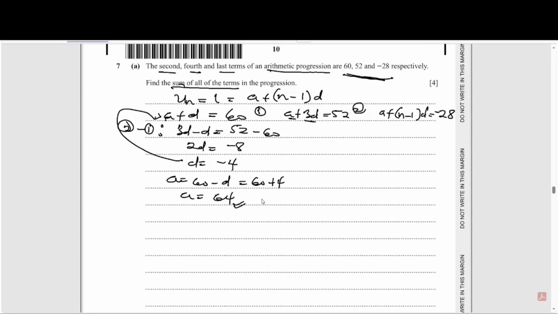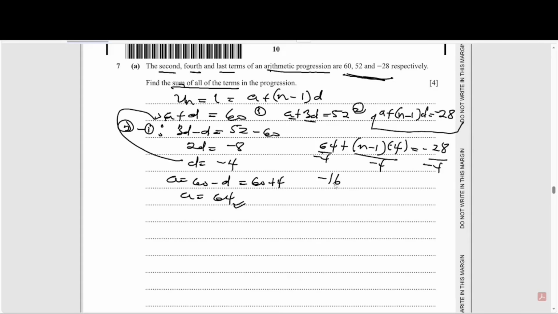Now, the values of a and d will be used to find the value of n in the last term. So I'm going to substitute both of them, a and d, into the third equation over here. So we have a is 64 plus n minus 1, and our common difference is negative 4, equal to negative 28. I'm going to divide through by negative 4. Right, so here by negative 4, here by negative 4, here by negative 4.